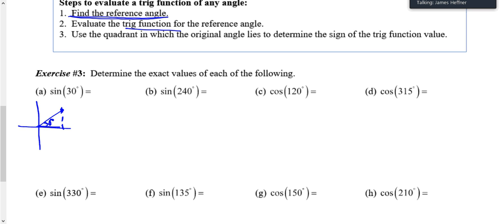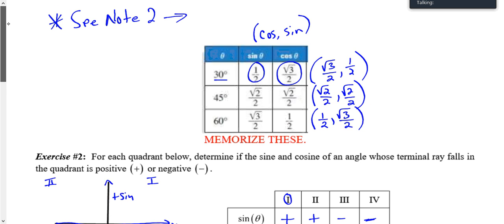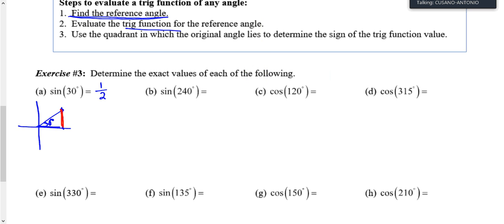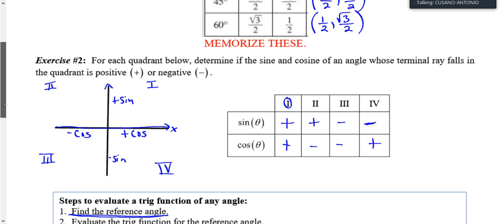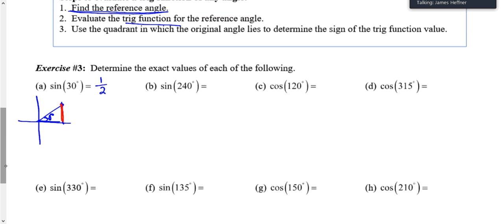Look at the chart up top. Sine of 30 would be positive, one half. Yeah, 1/2. That's the opposite over hypotenuse thing there, right?